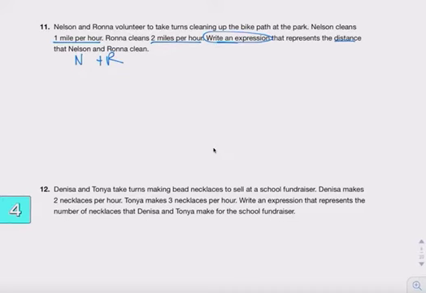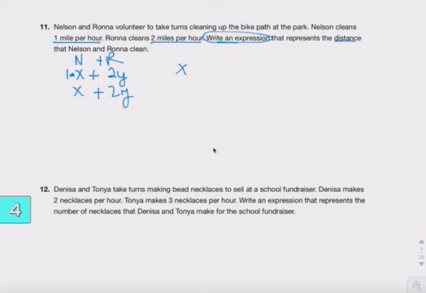So Nelson cleans 1 mile per hour times X, 1X, so it's just X. Rana cleans 2 miles per hour, 2Y. And together it's the distance they clean all together. So I guess writing it out makes you do it.